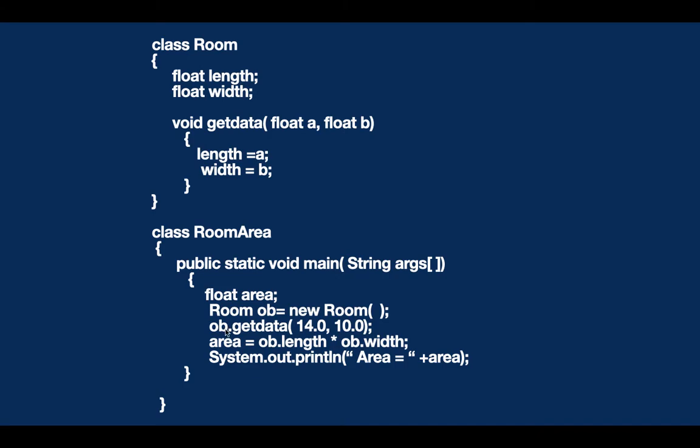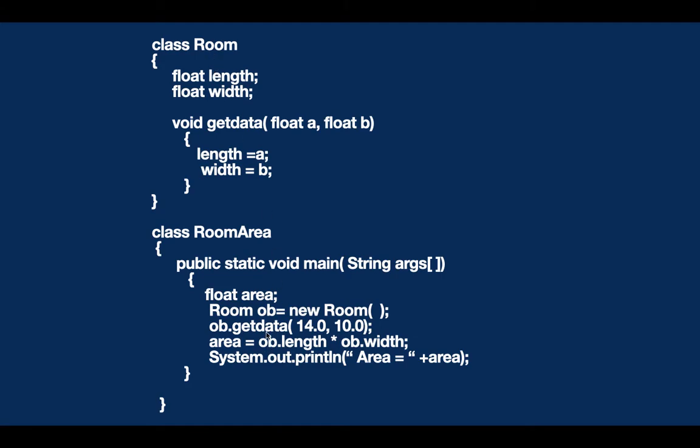Now using this object with the dot operator we are calling a method called get data. This also belongs to which class? Not room area but room. And since you know this concept, we need an object of that particular class called room to invoke the member of that class, get data, which is again of class room.